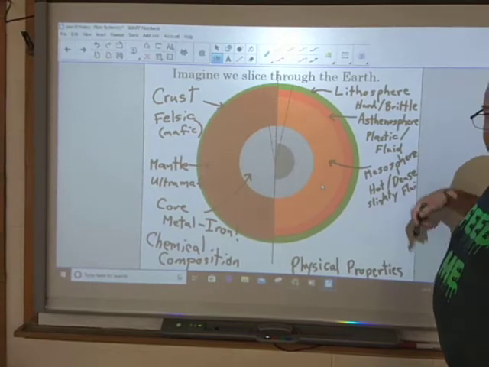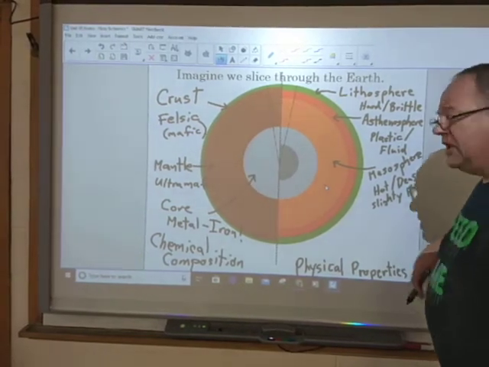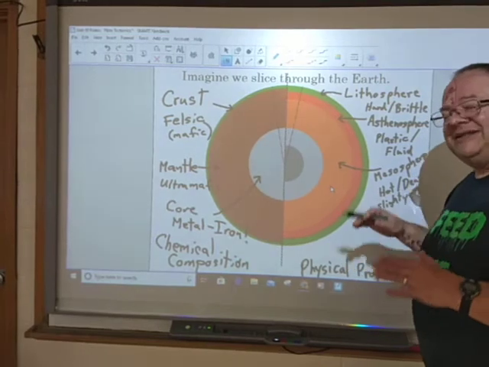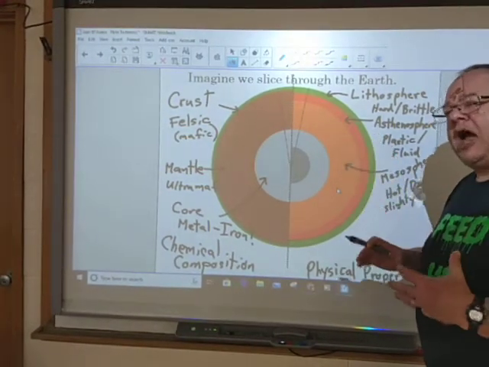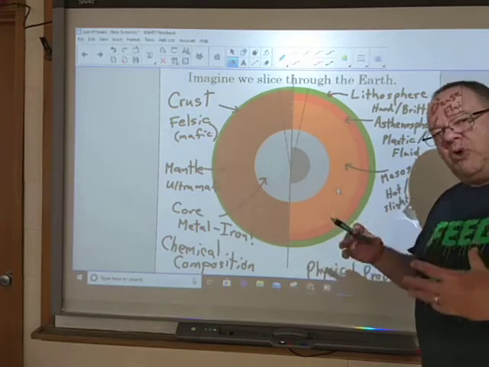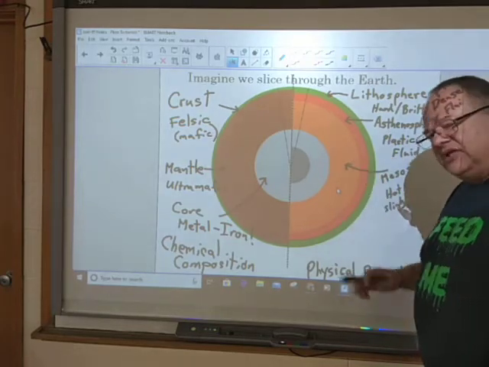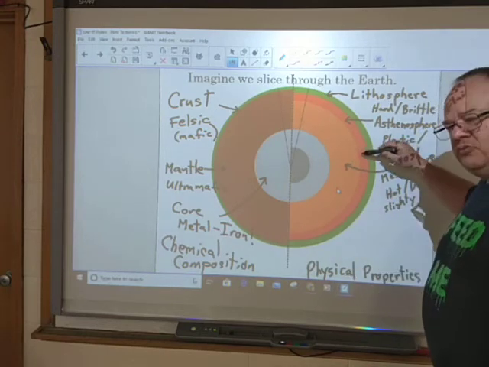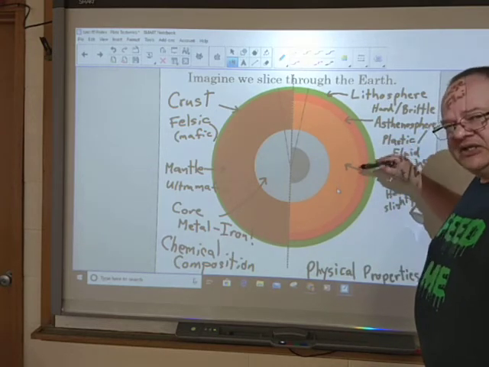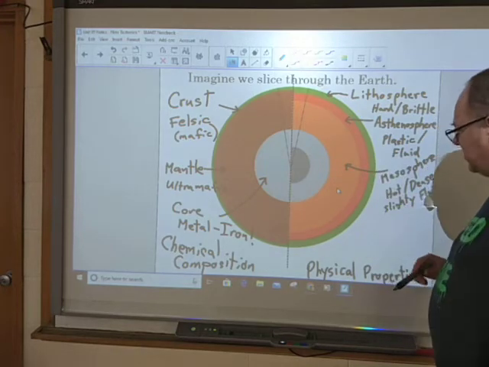That's supposed to be fluid. The D's not writing. I'm off my board. Hot, dense, slightly fluid. So it's basically solid rock, but under the pressures and temperatures in the earth, even this rock moves very, very slowly over time. But it doesn't move nearly as easily as the rock in the asthenosphere. Okay, so that's how that one separates.